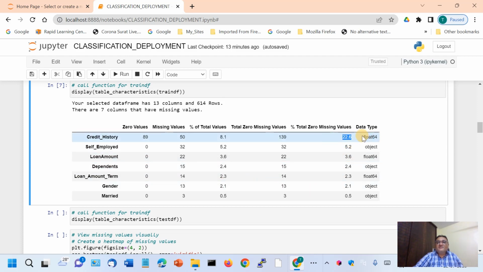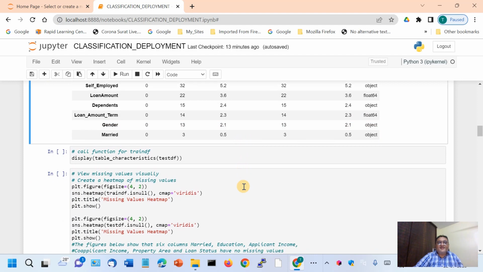It also gives the data type. These columns, credit history, loan amount, loan amount term, these three are floating point, that is numbers, while the rest, self-employed or not, dependents, they are object, that are usually strings.